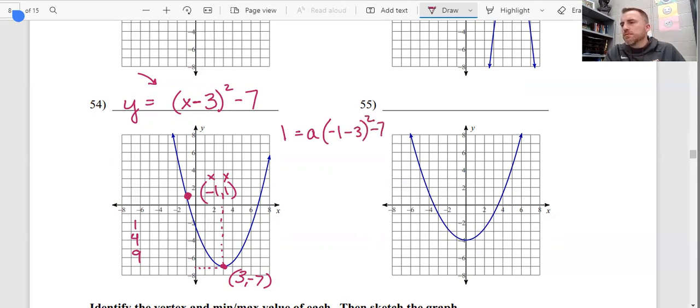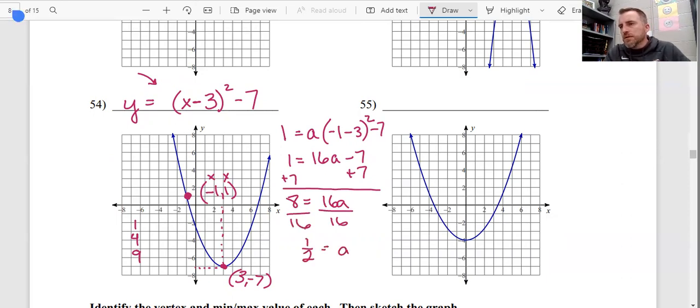So 1 equals, this is -4, -4 squared is 16a - 7. We add 7 to both sides. We get 8 equals 16a. Divide by 16, and we get a equals 1/2.